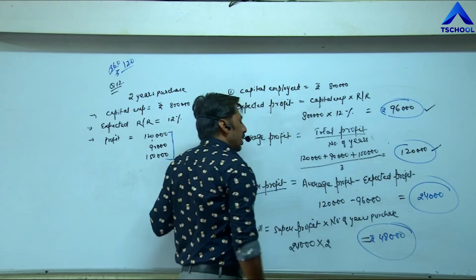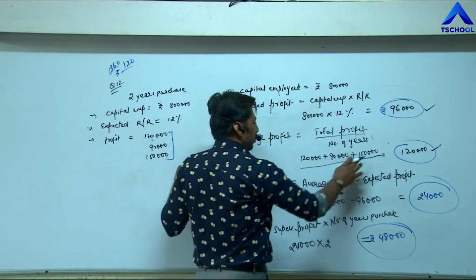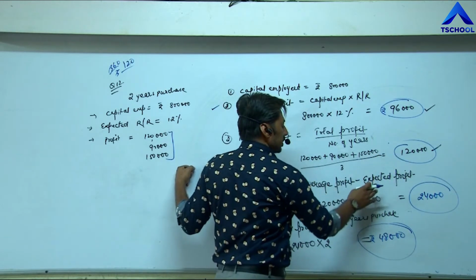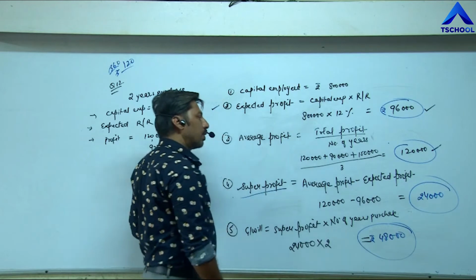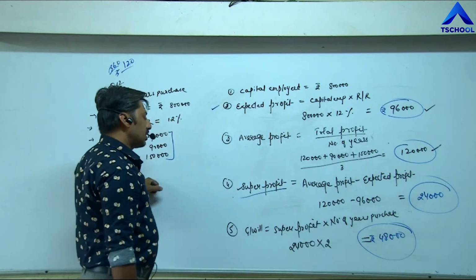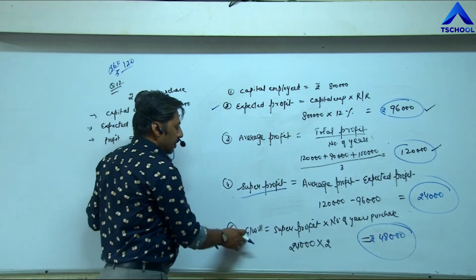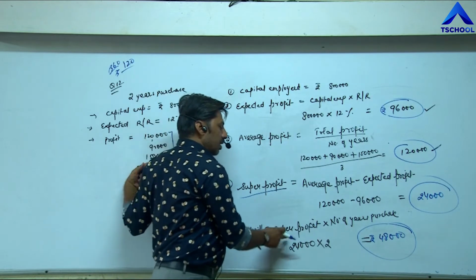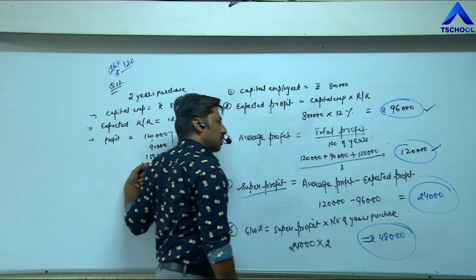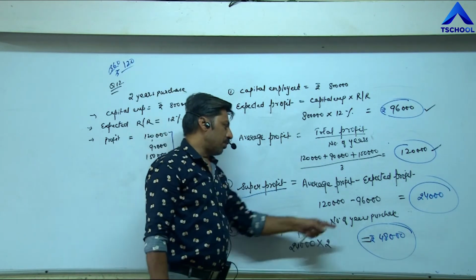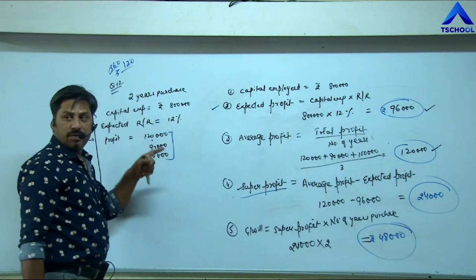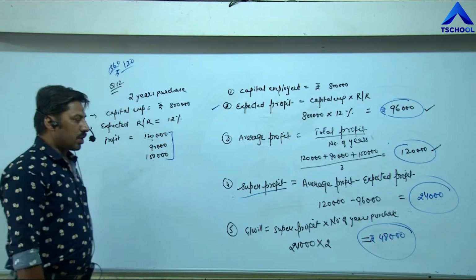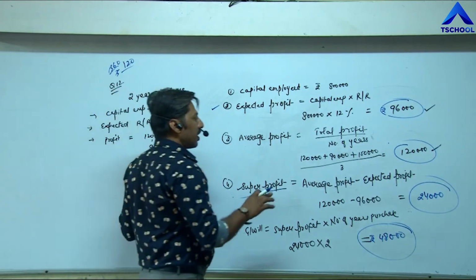In our answer, average profit is 1,20,000, expected profit is 96,000. So 1,20,000 minus 96,000 is equal to 24,000. And last step, for calculating goodwill, formula is super profit into number of years purchase. Super profit is 24,000. Number of years purchase is given 2 years. So 24,000 into 2, 48,000 rupees is the final answer.